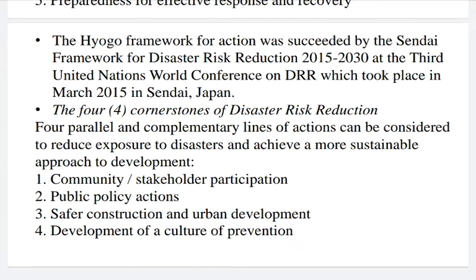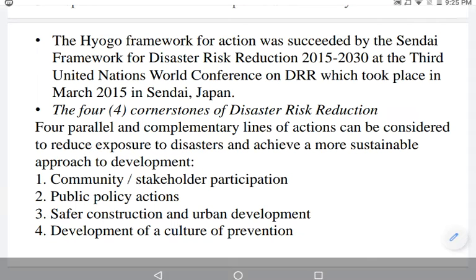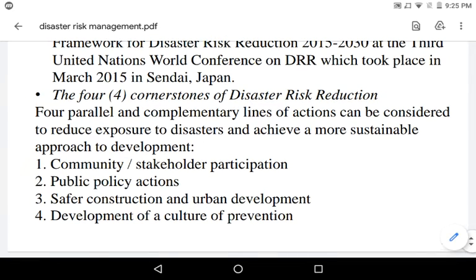Then the last one is development of a culture of prevention. So we are trying to save the whole world, or a particular place, from an unexpected disaster. So these are the things we included in disaster risk management.